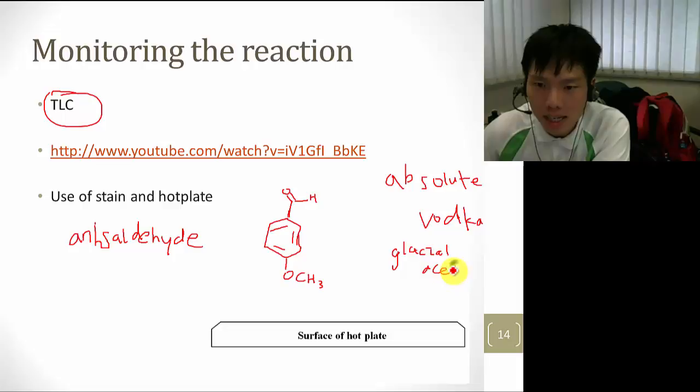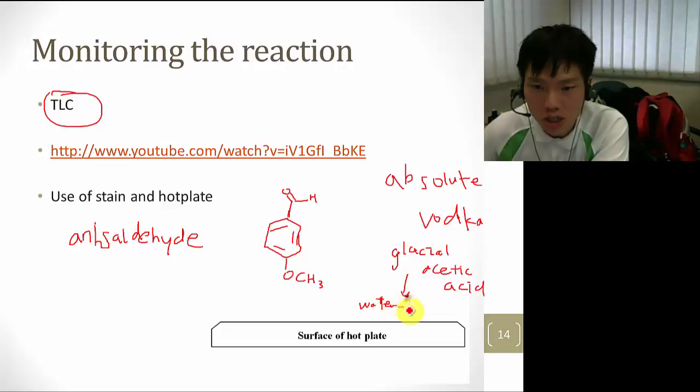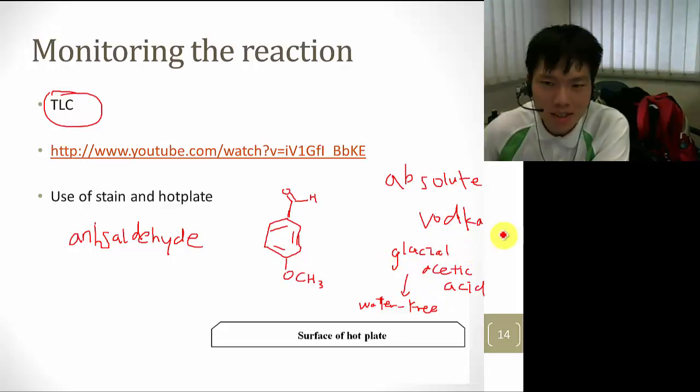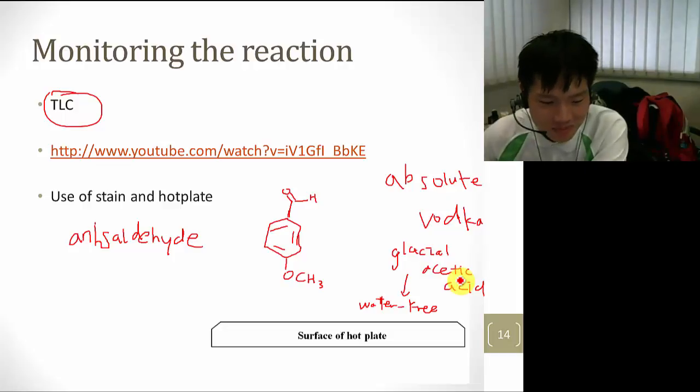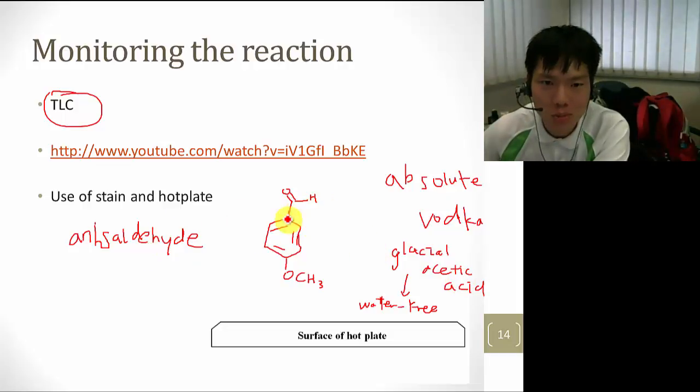Wow, big word. What does glacial mean here? Glacial acetic acid just means that it is water free. It's very dry, totally no moisture. Sounds like the acetic acid is so graceful and elegant. Anyway, you don't have to worry about the preparations, and this looks purple to you.